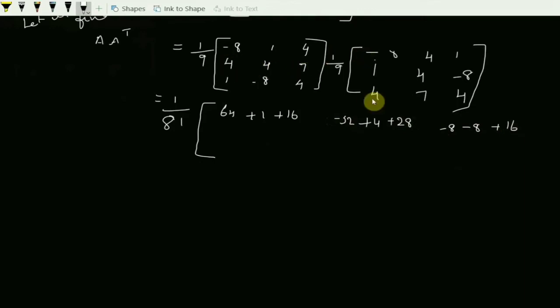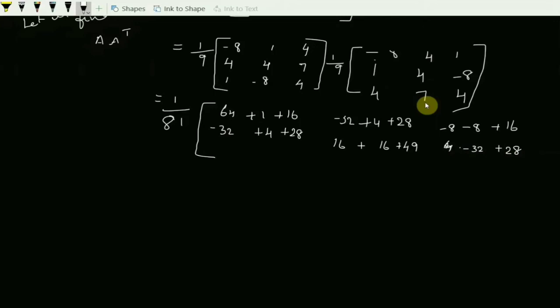Similarly, second row, first column: minus 32 plus 4 plus 28. Similarly, 16 plus 16 plus 49 and 1. Second row and third column is 4, then minus 32 plus 28.